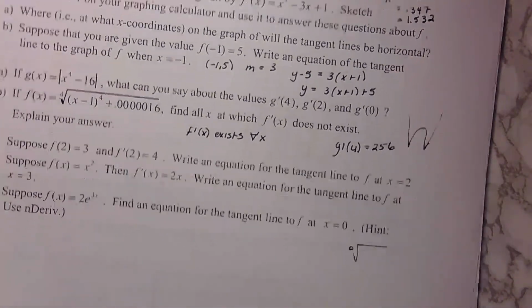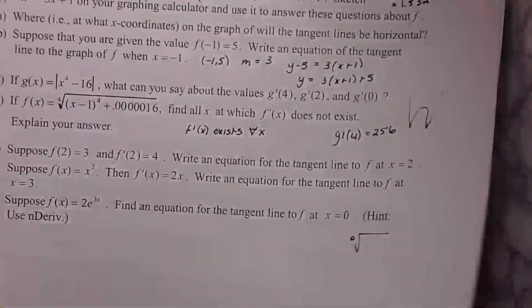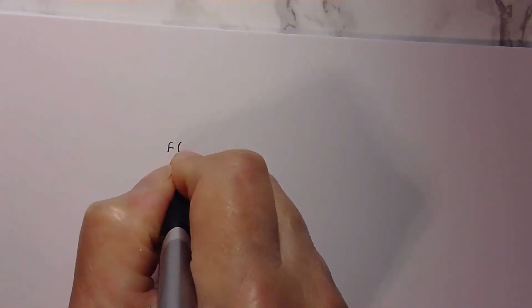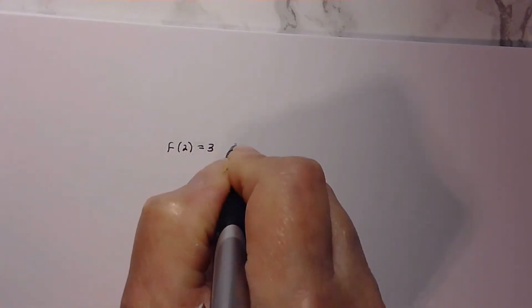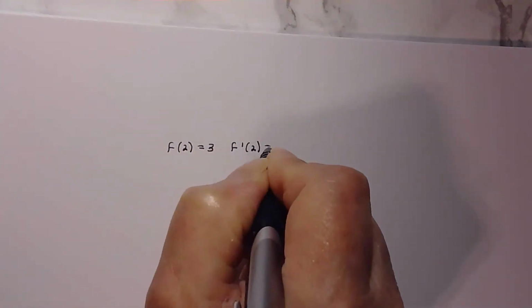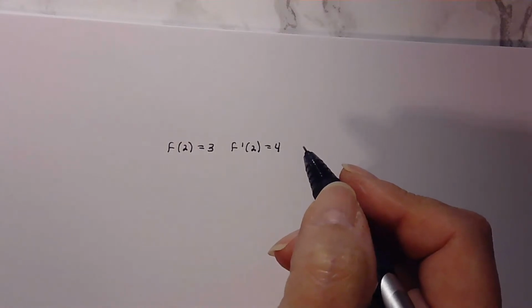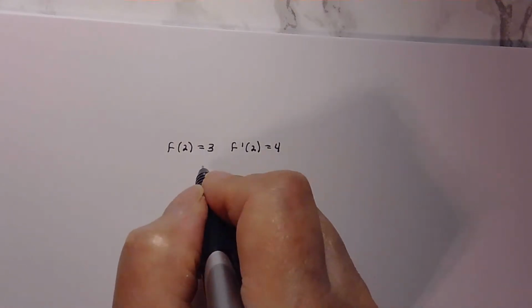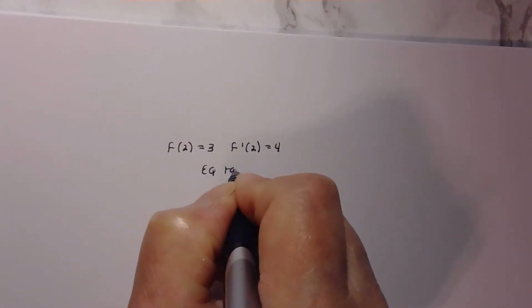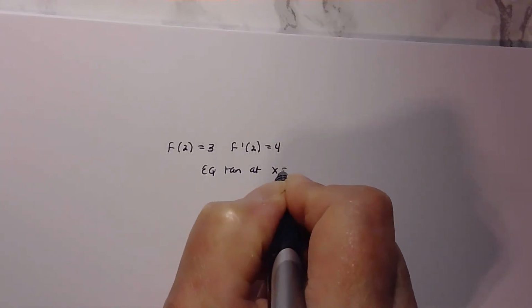All right, next one. Let me move these out of the way and get to a clean sheet of paper. So the next one says f of 2 is equal to 3, and f prime of 2 is equal to 4. We want to find the equation of a tangent line at x equals 2.